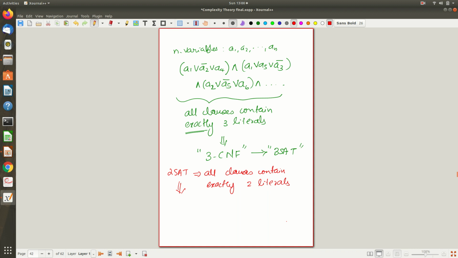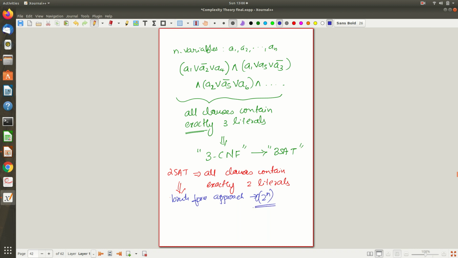Now for 2-SAT also, if you look at the brute force approach, it is going to take 2^n time only. 2^n could be the complexity, right?